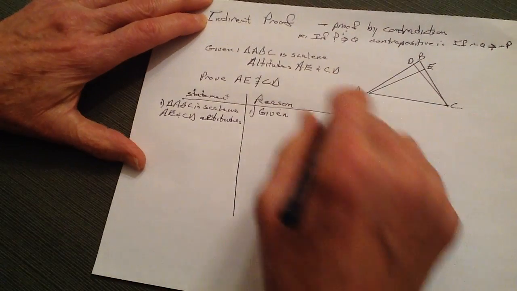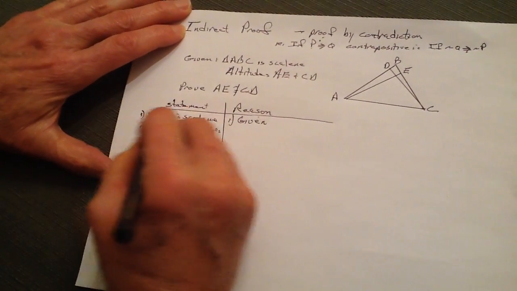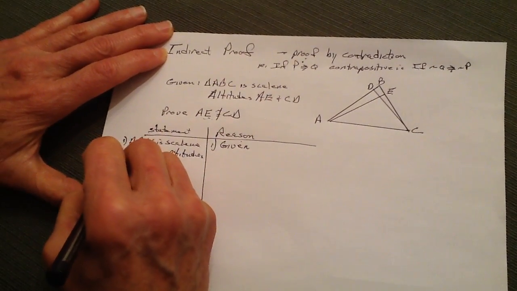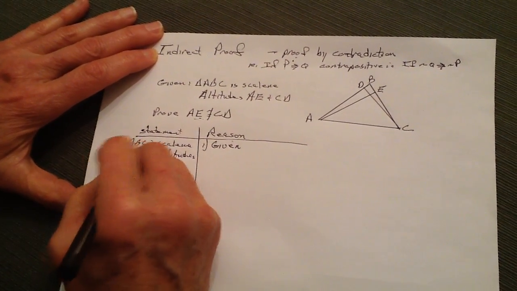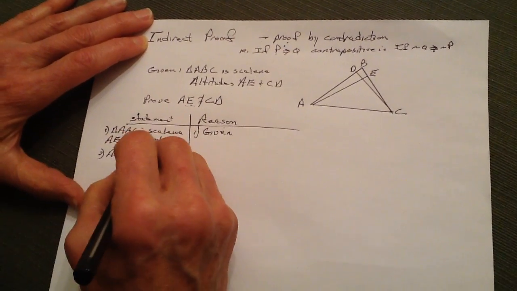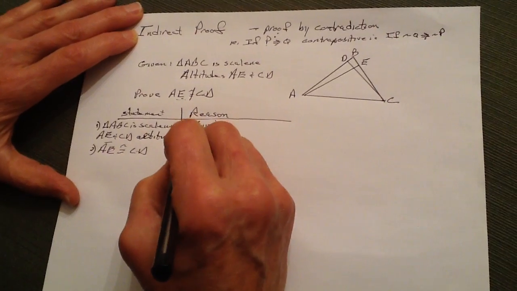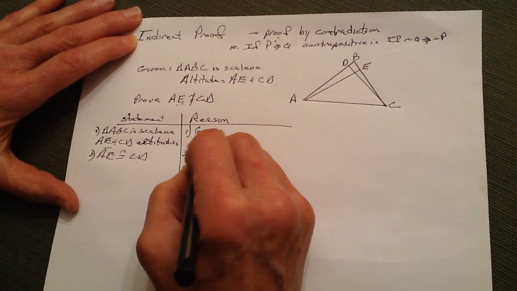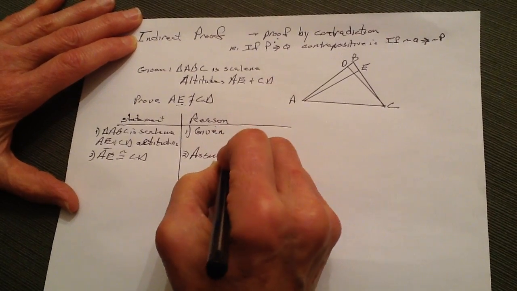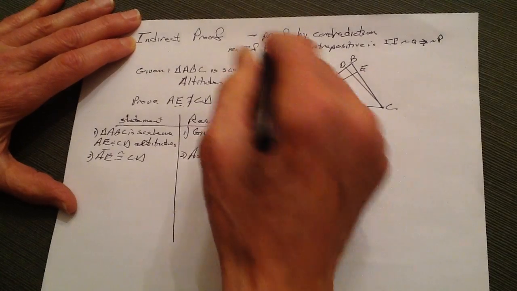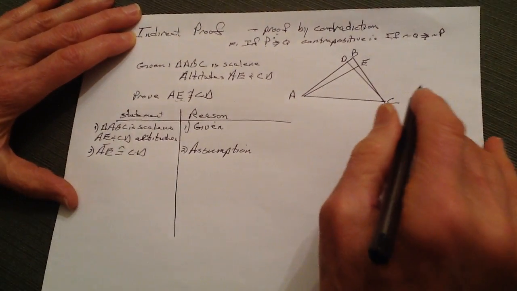So the first thing I do is make the assumption that they are equal. So number 2, I'll make the assumption that the altitudes AE and CD are congruent, and this is using my assumption. Essentially what I'm trying to do is use this assumption to reach a contradiction, and then I'll have made an indirect proof.